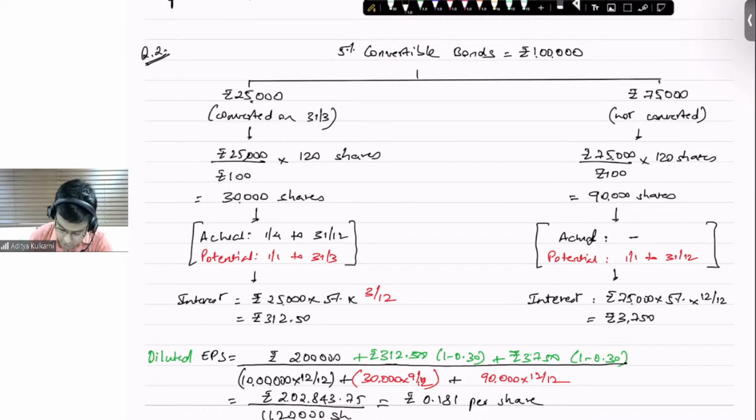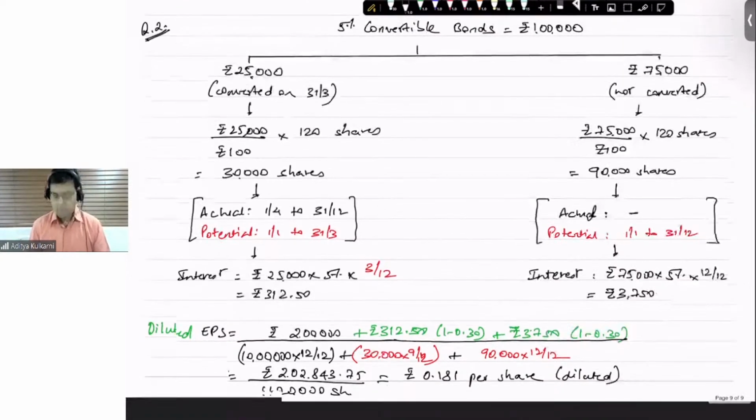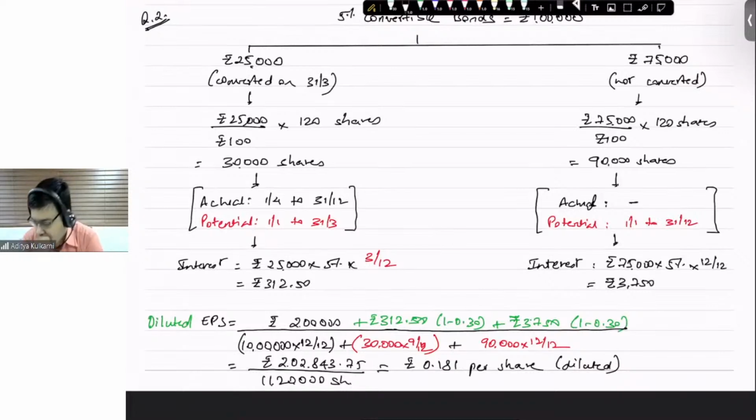Your basic was 0.196. This is 0.181. So this is diluted. Is it okay? Have you guys understood? Okay, so I have some queries.